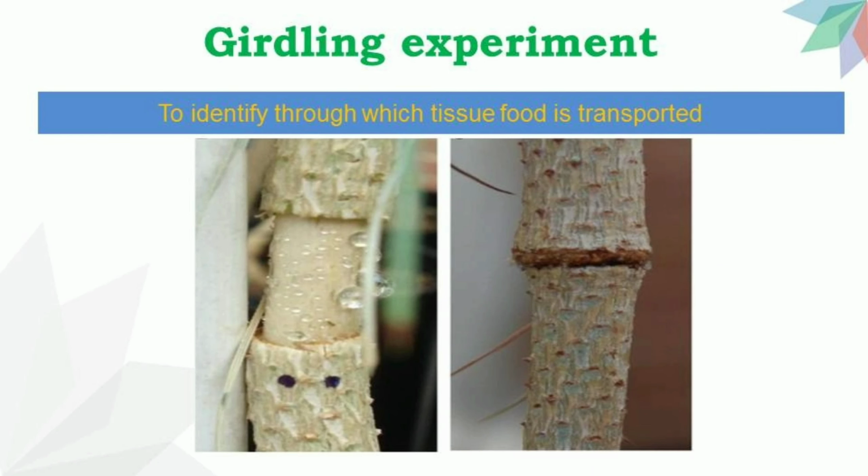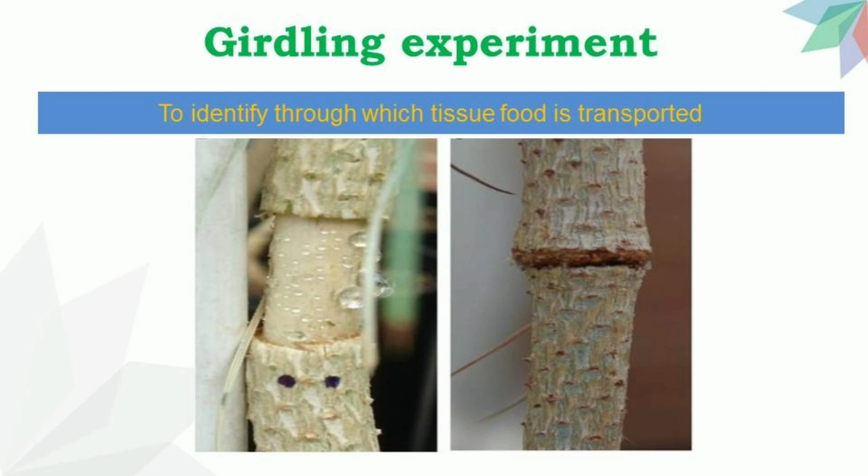Finally, a simple experiment called girdling is conducted to identify the tissues through which food is transported. On the bark of the tree, if you cut to the depth of the phloem layer and remove it carefully, after a few weeks the stem becomes swollen.